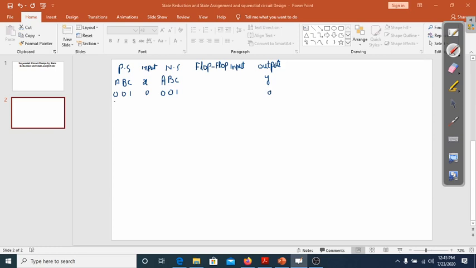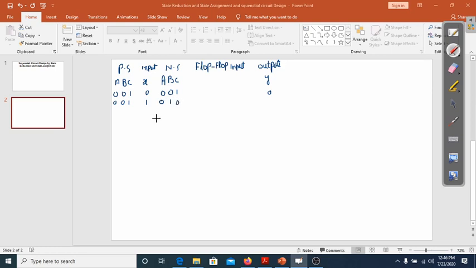When the present state is 0 0 1 and the input is 1, you can see in the first part of this video lecture, at the end, we have given this state table. So when the input is 1, the next state would be 0 1 0.